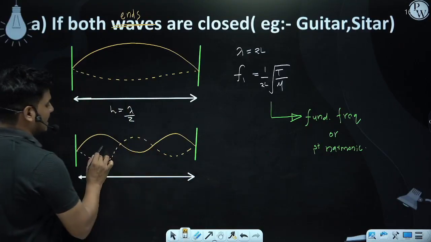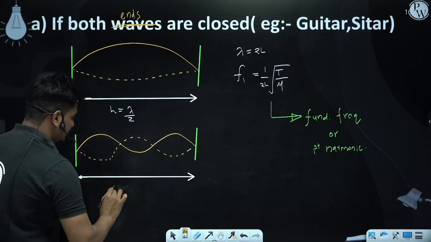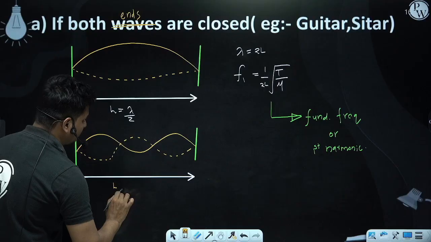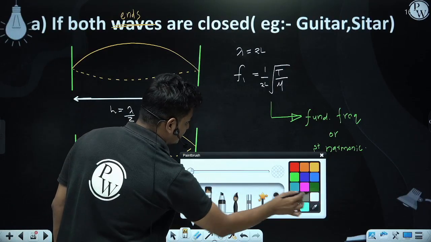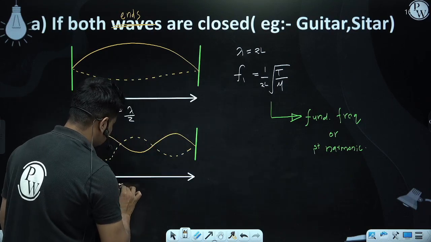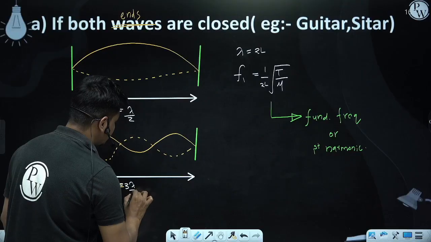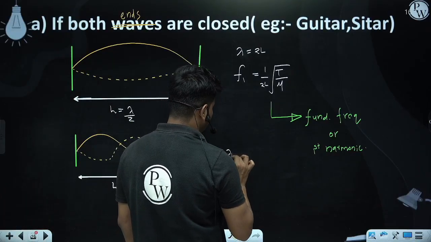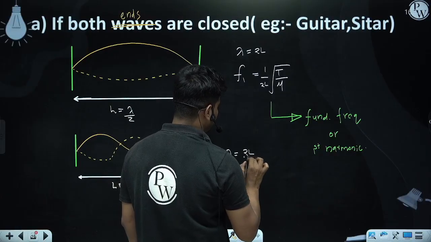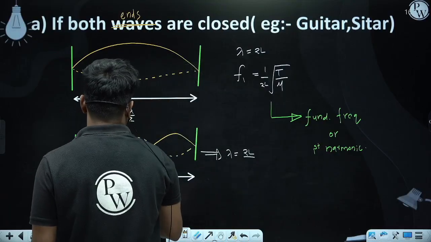This is lambda by 2. So this length is equal to what we can say? Wait. This length is equal to 3 lambda by 2. So from this what we can say? What is lambda? Lambda is equal to 2L by 3.